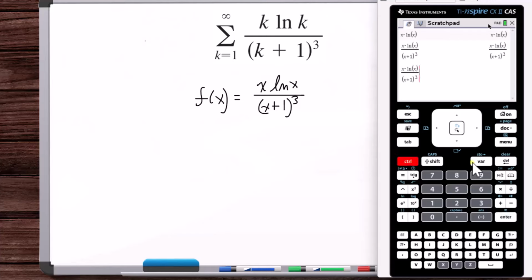There we go. Store that as e. Okay. Now we want to take the derivative of e with respect to x, and we're going to store this as d.